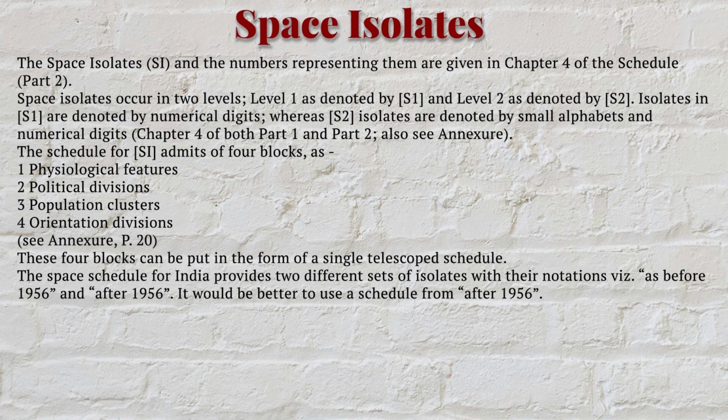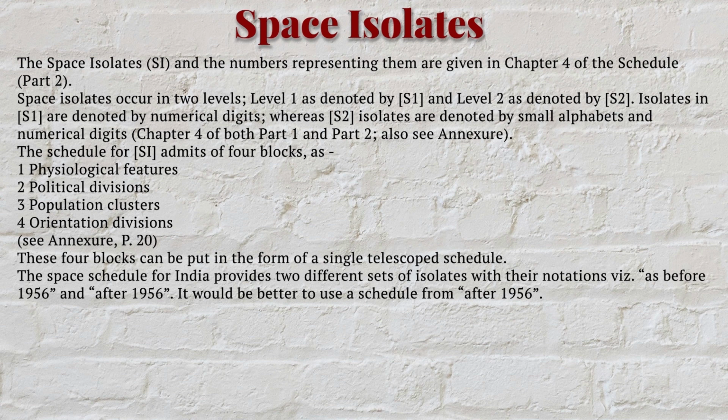But we omit 1 for denoting the first round or first level of any isolate, and we denote the second level or second round isolates as applicable with the prefix or suffix 2. Similarly, if the third level comes, then we indicate by S3, but for the first level we omit 1.